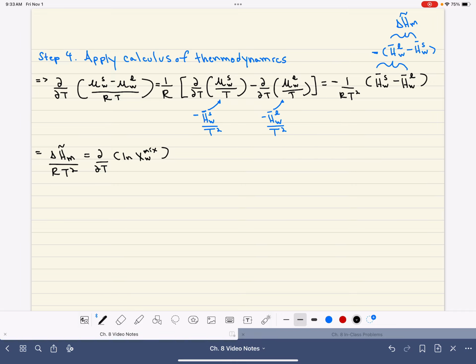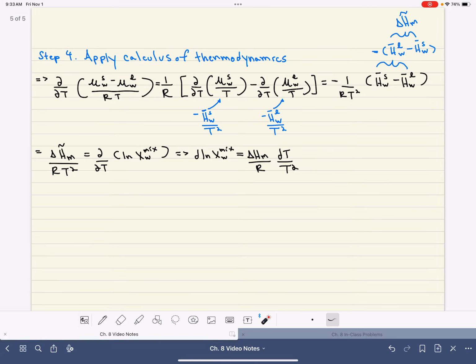So what we have is d ln of x_w mix is equal to delta H_m over R dT over T squared. So all I did was move this up here. All right, we have that. And then now I'm going to integrate. Right? And the bounds of the integral are going to go from the pure state, so pure water, to the water mixture.